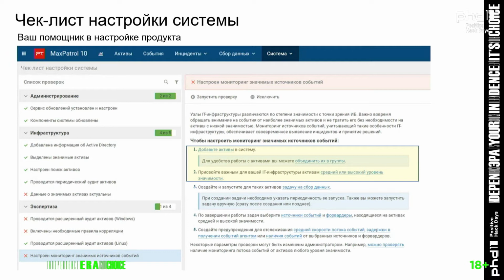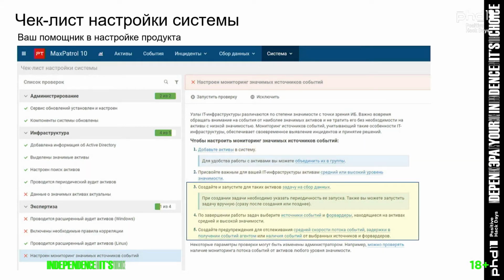So I'm showing here, for example, monitoring of significant event sources. So assets need to be added to the system. This is check 1. Key elements of infrastructure need to be clearly identified. Level of criticality should be assigned.